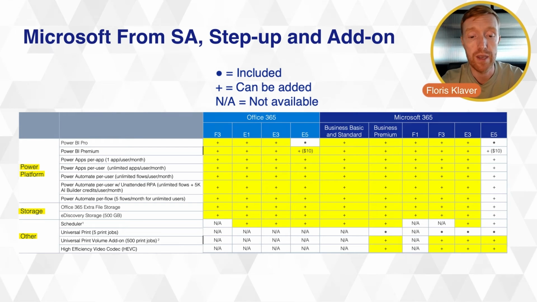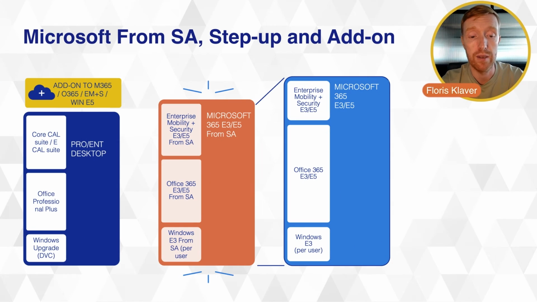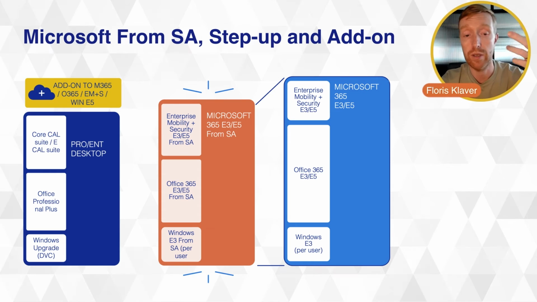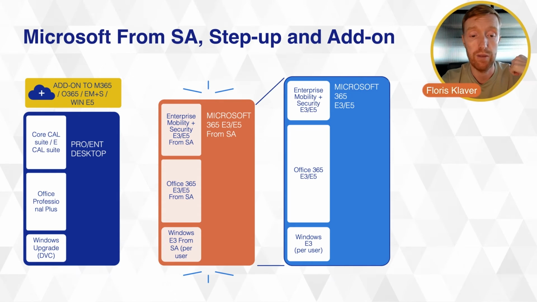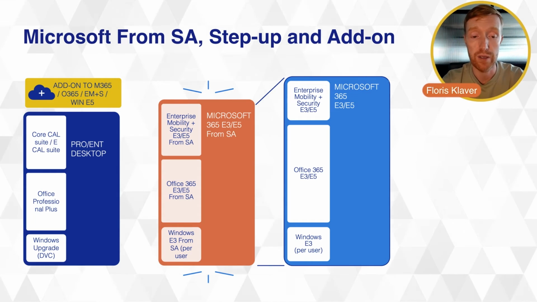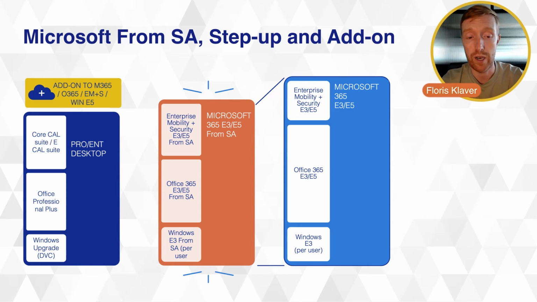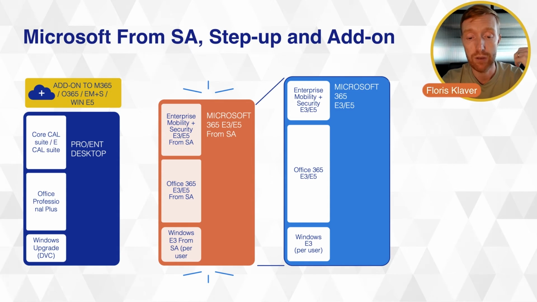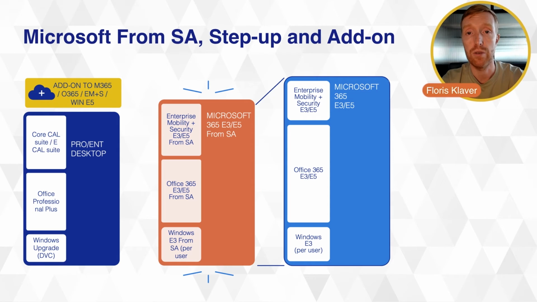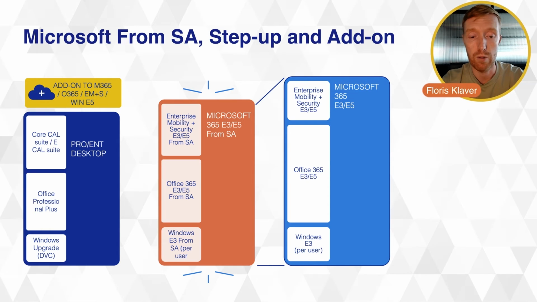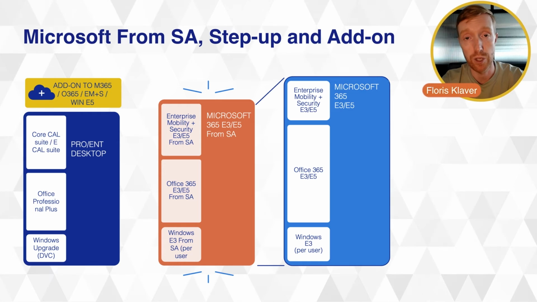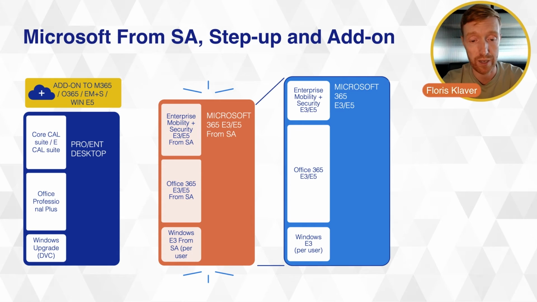When we look at from SA pricing, we go back to the same overview again, where you see the professional and enterprise desktop. You have the add-on to M365 pricing, which would typically unlock the cloud services functionality of M365. But Microsoft had some additional ideas when they would require you to license an add-on, or when they would say, well, maybe it's time you just move to the cloud subscription license.